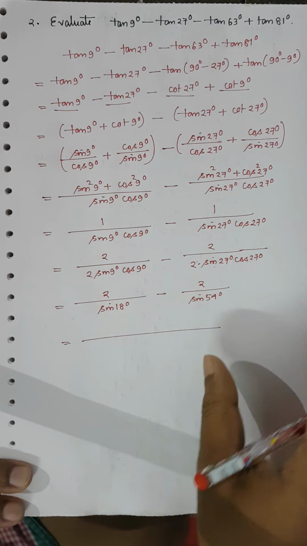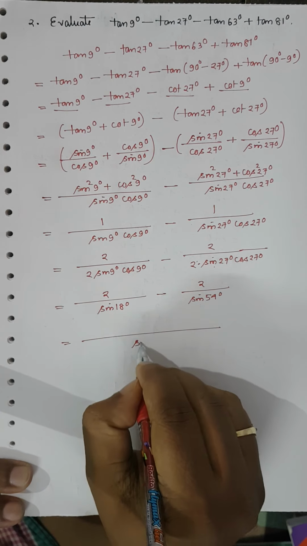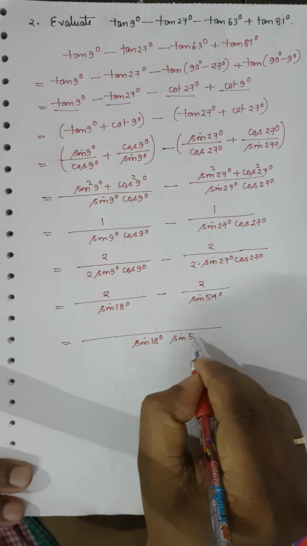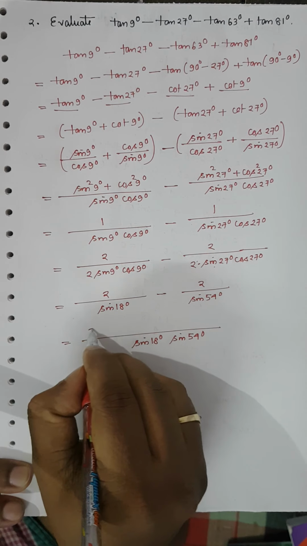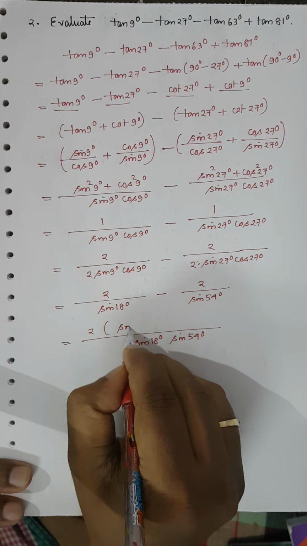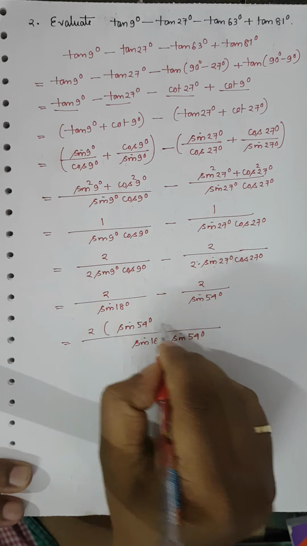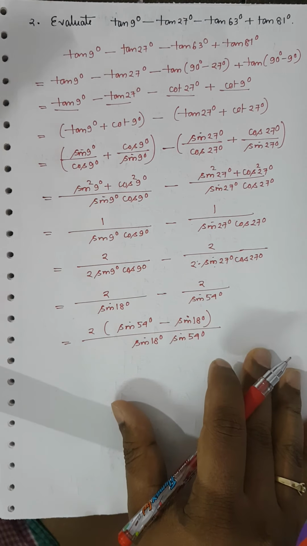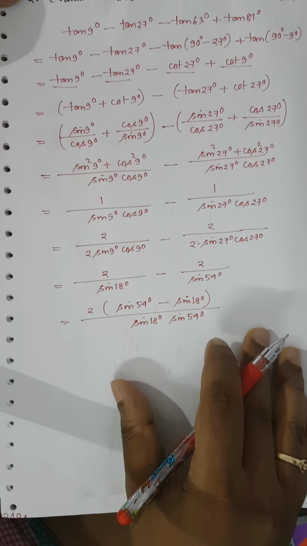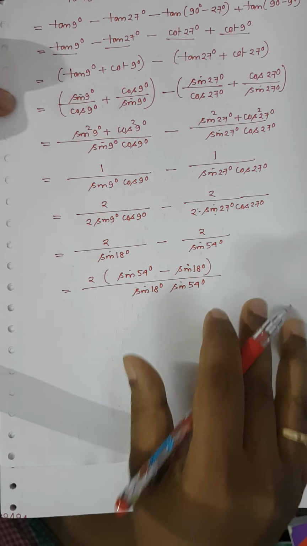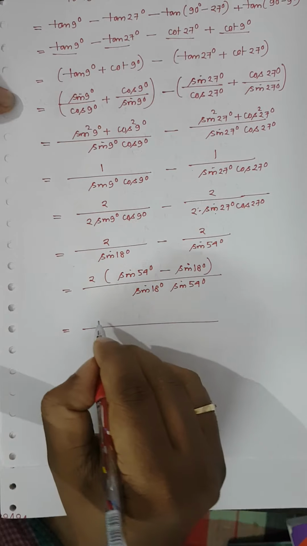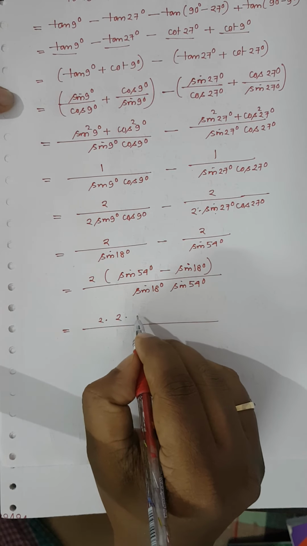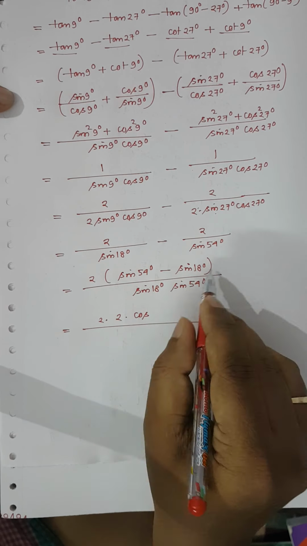Now take LCM. You will have sin 18° into sin 54° in the denominator. 2 is common, so this is sin 54° minus sin 18°. If I use the formula of sin C minus sin D, it is equal to 2 cos((C+D)/2) sin((C−D)/2).